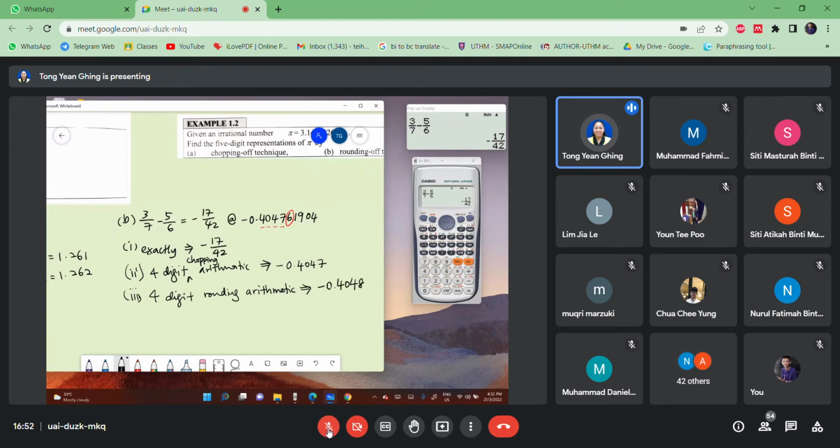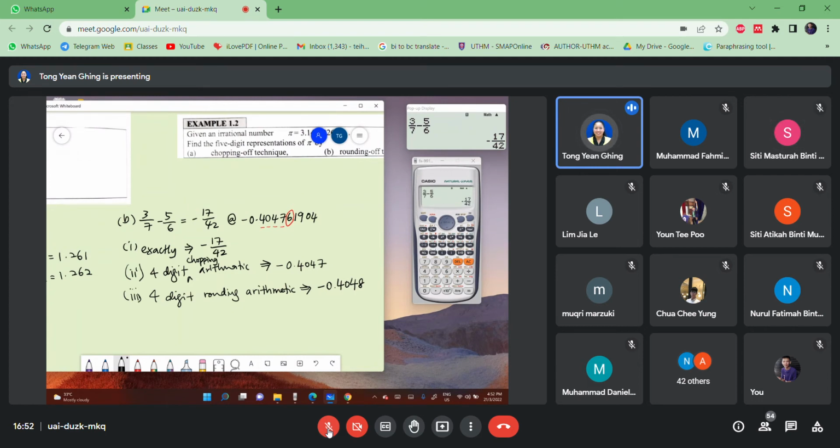Okay, so this is the answer. Exactly the exact solution and a 4-digit chopping arithmetic, 4-digit rounding arithmetic. So ini. Okay or not? Class, okay? Semua okay ke?